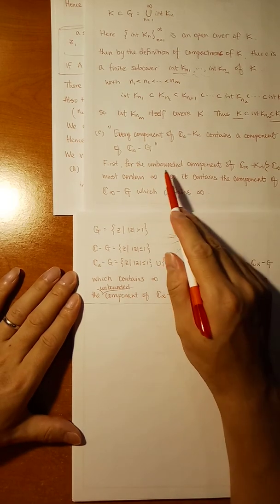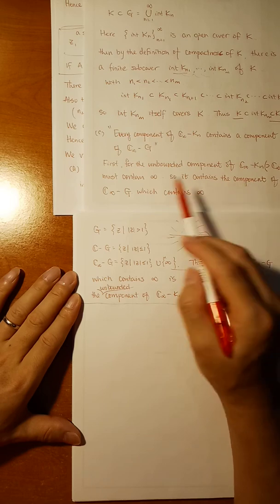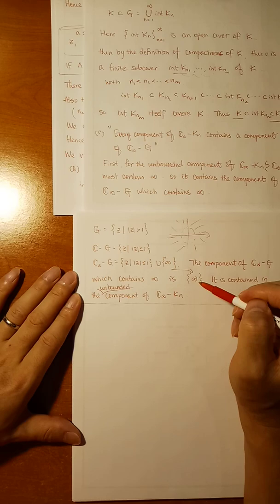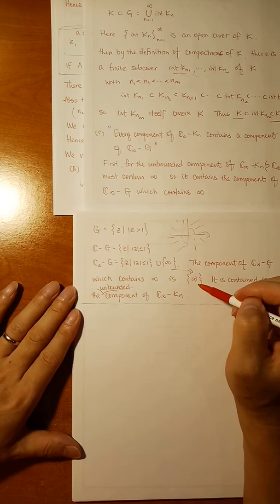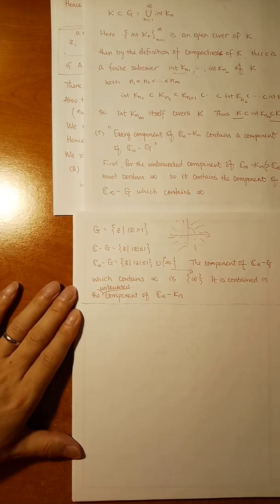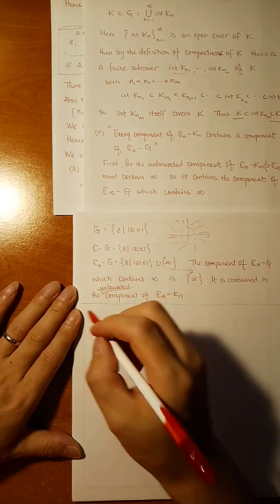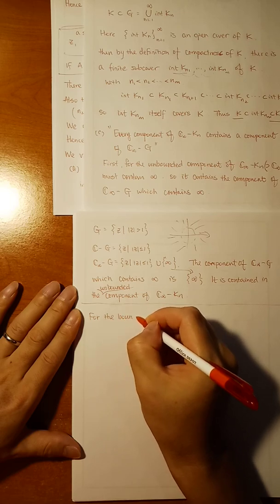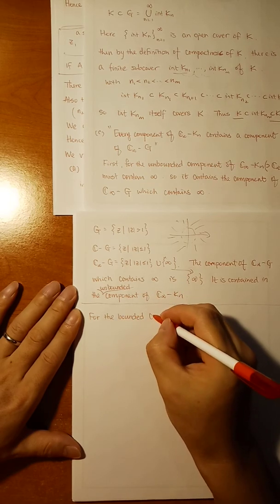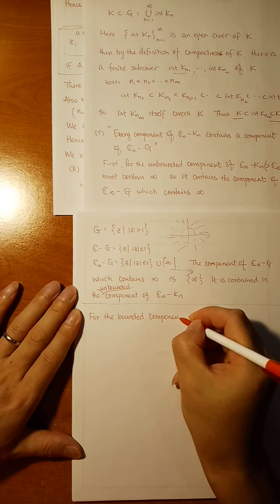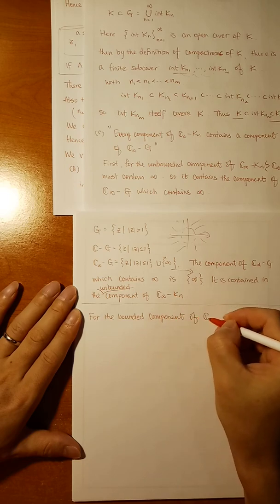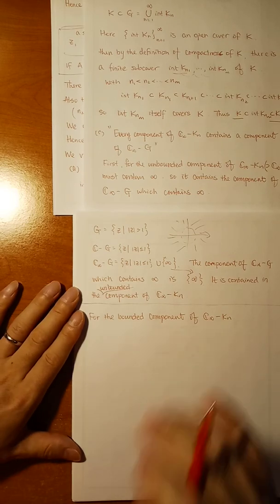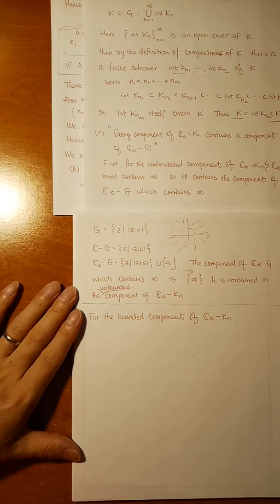Okay, so the unbounded component must contain the component of C infinity minus G which contains infinity. The most degenerate case means you only contain C infinity. All right? So this is the unbounded case. For the bounded component of C infinity minus Kn.